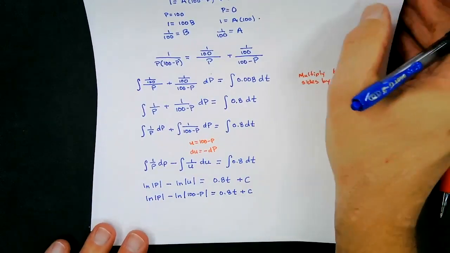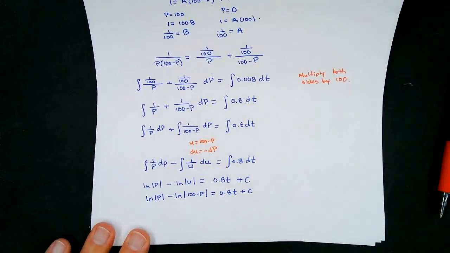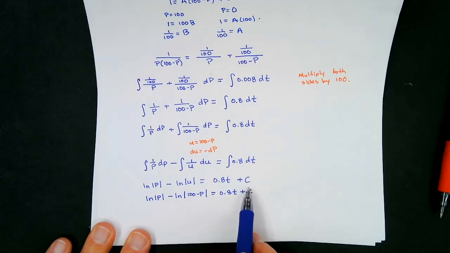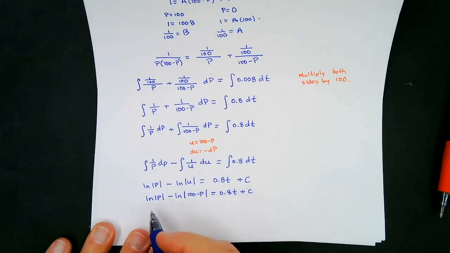All right, and then one more thing that will help clean this up a little bit is I'm going to multiply both sides by -1. Now, because this one is a constant and we don't know what it is, we can just keep it as plus c. So this is going to become positive, and this one's going to become negative.